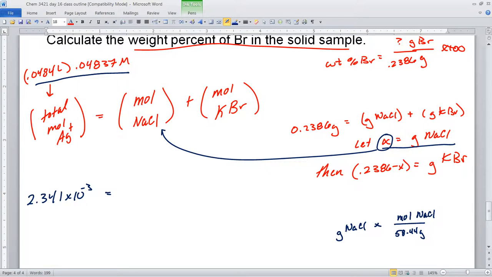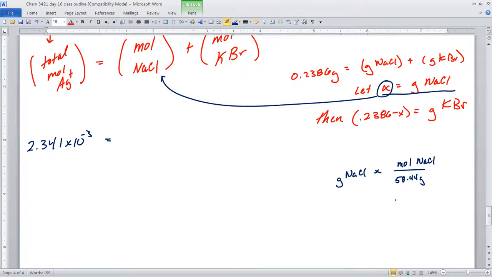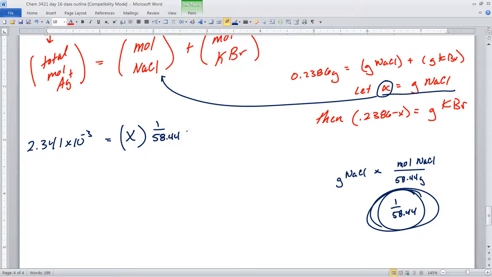So whatever my X is, I really just have to multiply it by 1 over 58.44, and I'll have it in moles. So my X is my grams of sodium chloride. Multiply it by 1 over 58.44, and I'll have my moles of sodium chloride.